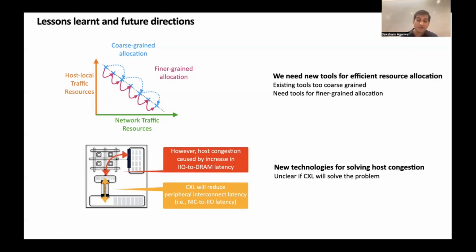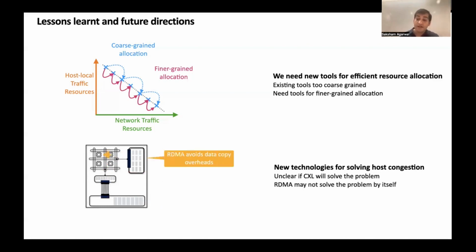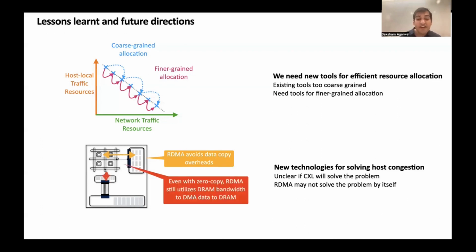And similarly, RDMA can alleviate the memory bandwidth congestion by avoiding data copies, but still it does not eliminate host congestion. We believe much more work is needed to exploit these technologies to resolve the host congestion problem.